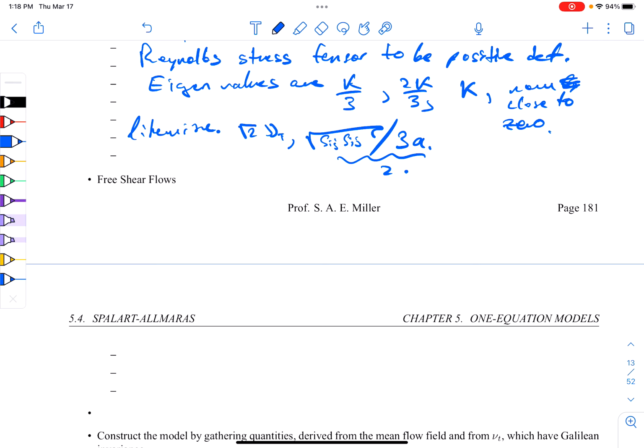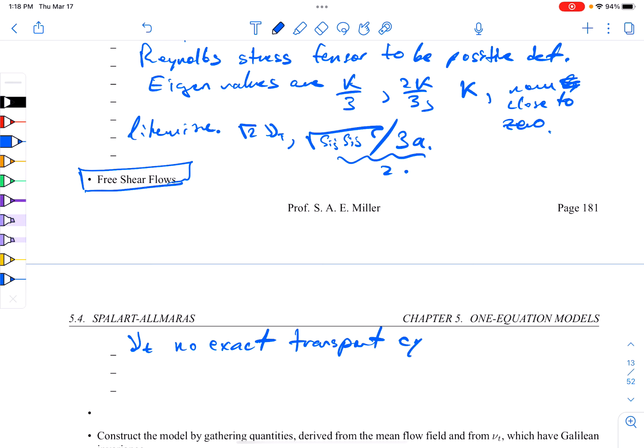Now, in free shear flows, which is what's examined first in their first modeling effort, I should put a box there, because it's moving into the first model. It turns out for eddy viscosity, there's no exact transport equation.